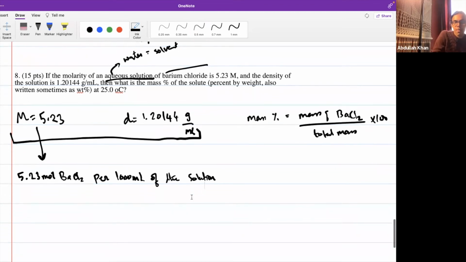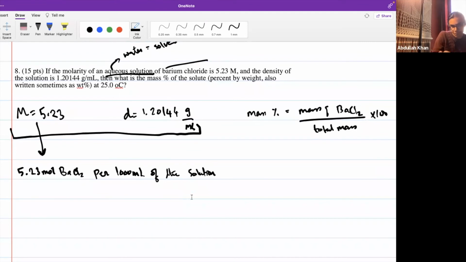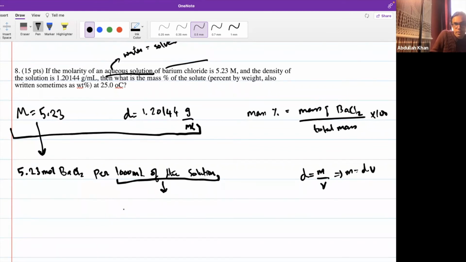Great, but we care about masses. We don't care about milliliters. And so let's convert the 1,000 milliliters of the solution to grams. Density equals mass over volume, and so mass equals density times volume. That would be 1.20144, multiply that by 1,000, move the decimal over 3 times.